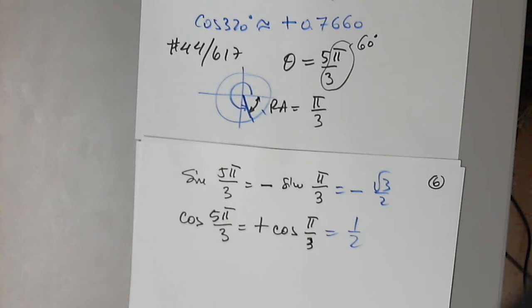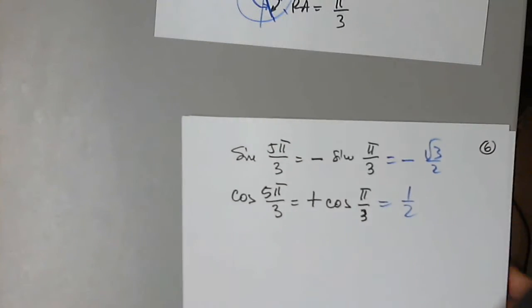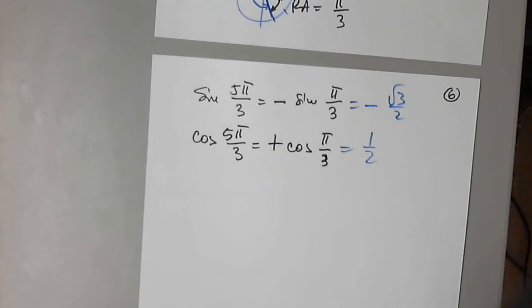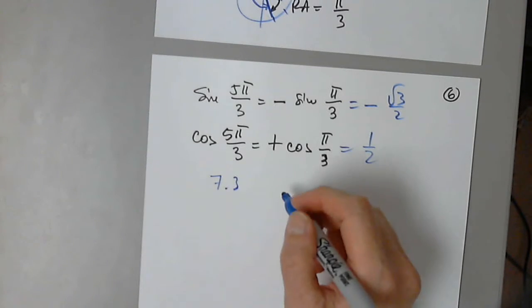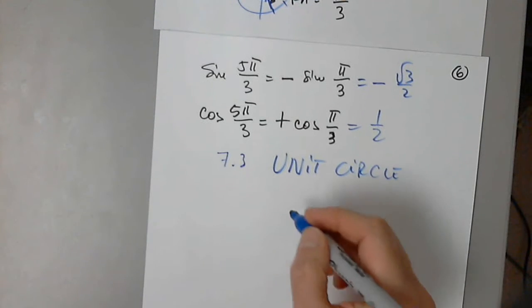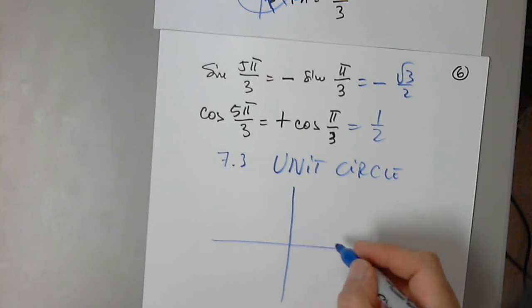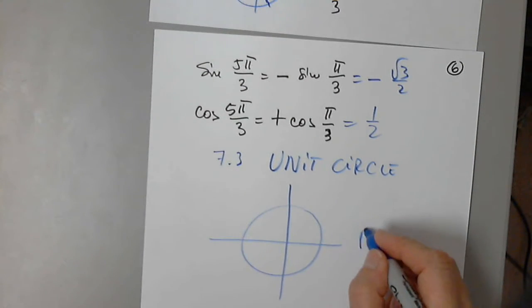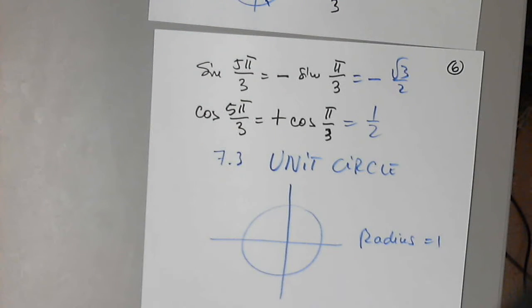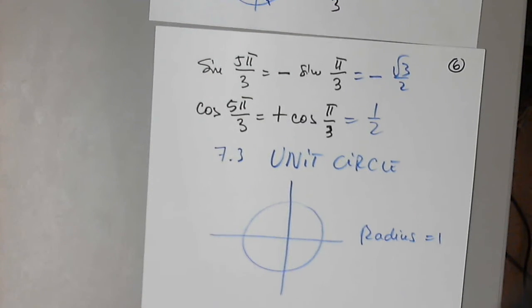I would like to look at a couple of very important trig identities here. So let's go back to, this is still 7.3 unit circle. Meaning the radius equals 1. Unit circle, the radius equals 1.